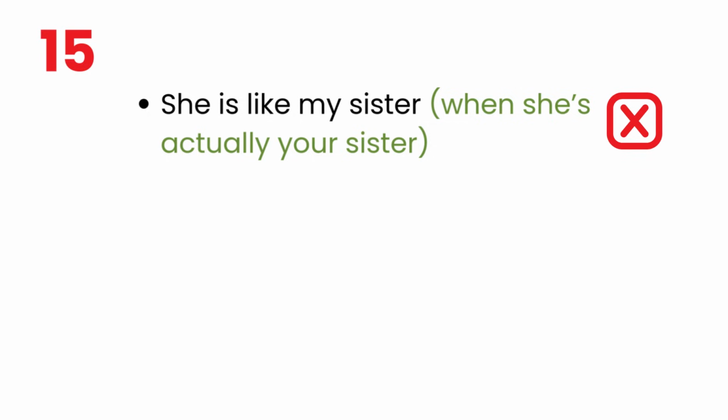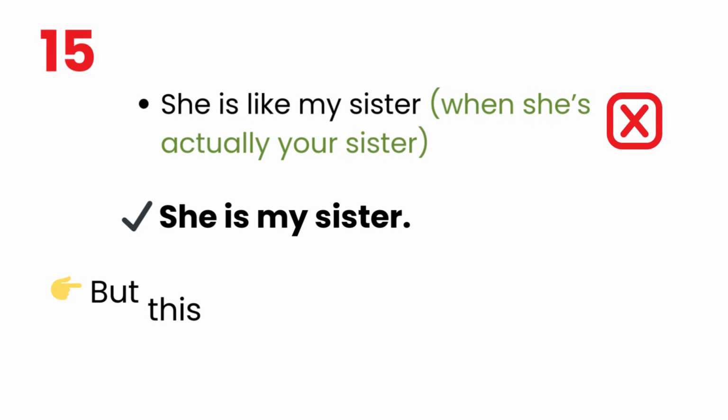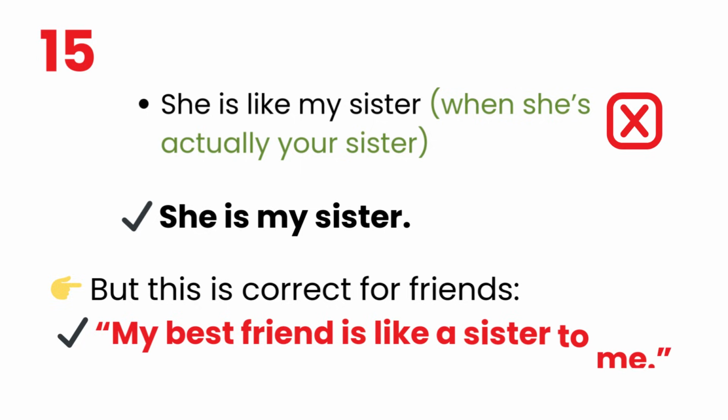Okay, if she is actually your sister, you can't say she is like my sister. நீங்கள் எப்படி சொல்லணும்? She is my sister. Okay, but this is correct for a friend or somebody else. My best friend is like a sister to me. என்னோட best friend எனக்கு சகோதரி போன்றவர். அல்லது உங்களோட actual sister இல்லாத ஒருத்தருக்கும் நீங்கள் இதை சொல்லலாம். She's like my sister என்று சொல்லி.